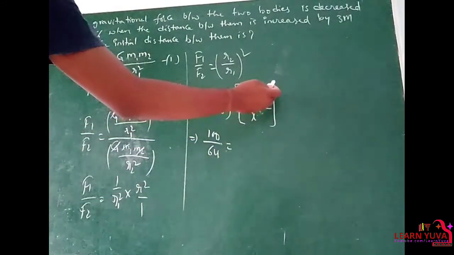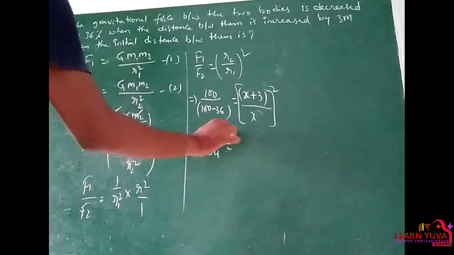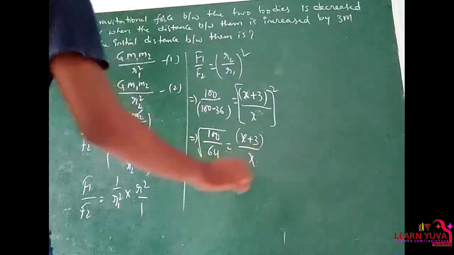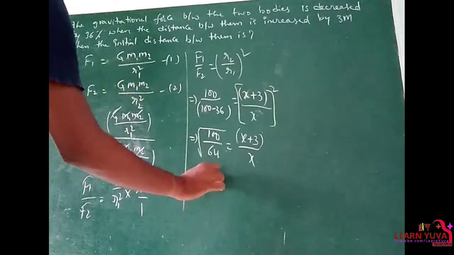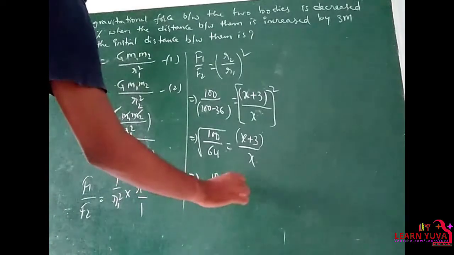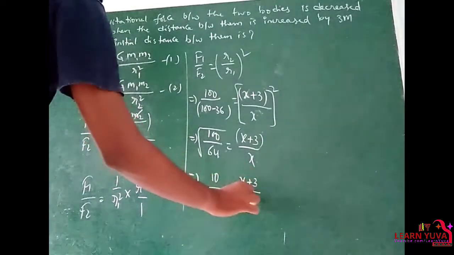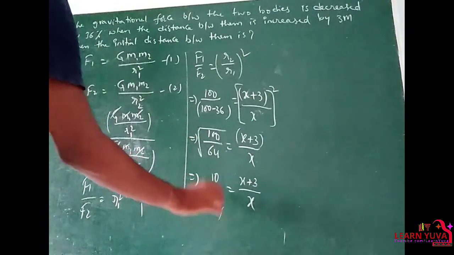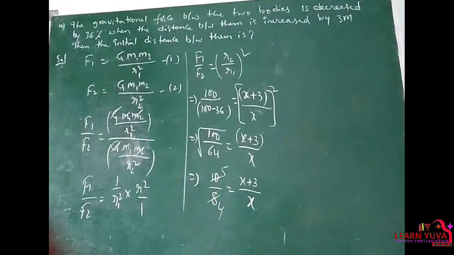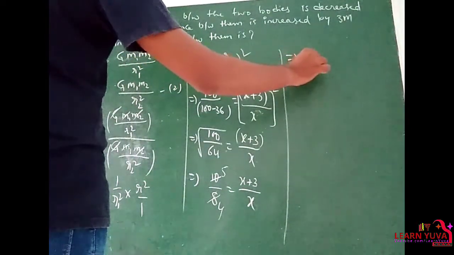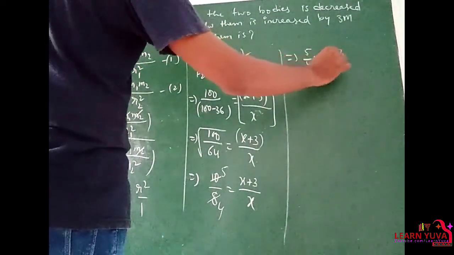So send this square to the left-hand side, and that becomes the square root value. So the square root of 100 is 10, the square root of 64 is 8, and that is equal to (x plus 3) by x. Cancel it, 2 4s are 8, 2 5s are 10. So that implies 5 by 4 is equal to (x plus 3) by x.